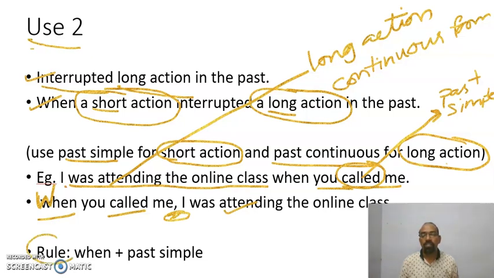The rule says that when plus past simple, then past continuous. When you called me, I was attending the online class, or I was attending the online class when you called me. So this when, this conjunction is used always with past simple.